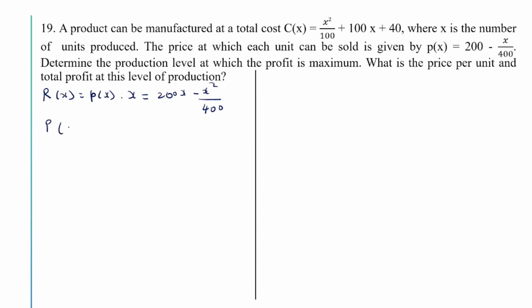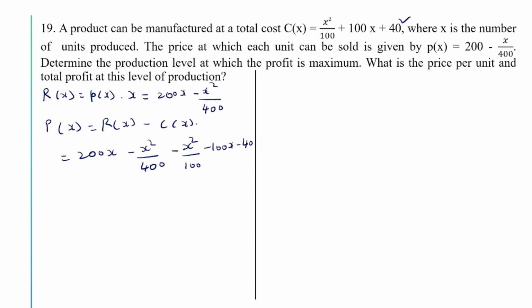Now we can find the profit function as revenue function minus the cost function. So this is equal to 200x minus x square by 400 minus, this is the cost function, x square by 100 minus 100x minus 40. So this is equal to, here 200x minus 100x is 100x minus, here 400 is the LCM.